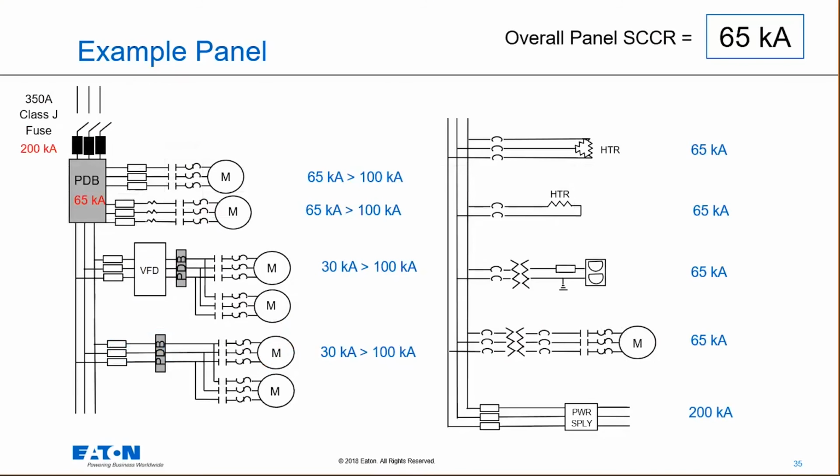We've got 65K minimum throughout this panel. So now all of a sudden we can rate that overall panel SCCR at 65 kA by just paying attention to what devices we use and what devices we use on our feeder circuit, and whether we can use those devices to raise the ratings of components downstream. So it's super important, guys. I know I'm hammering it home, but hopefully you understand it.